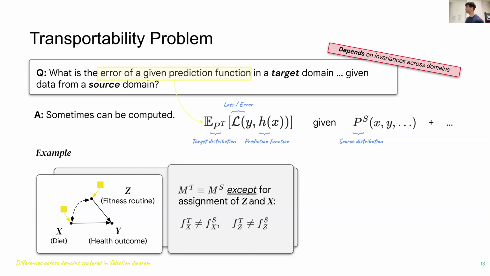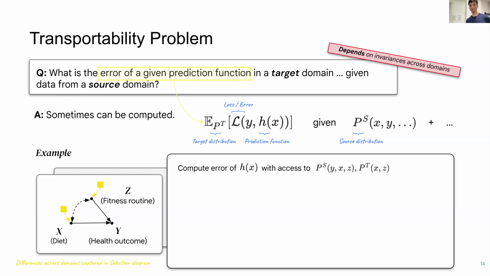So let's look at one simple example to understand how these things translate into unique evaluation of error, let's say. So let's say that you're given some function, a prediction function, that takes diet as an input to predict an individual's health outcome, right?